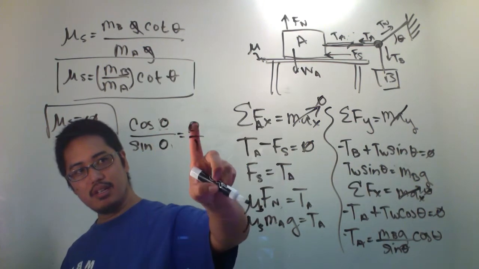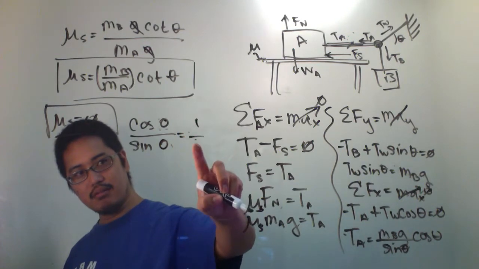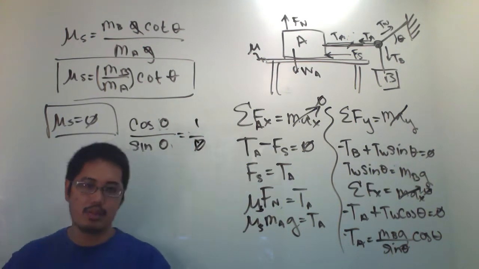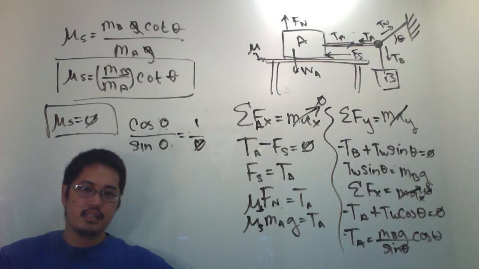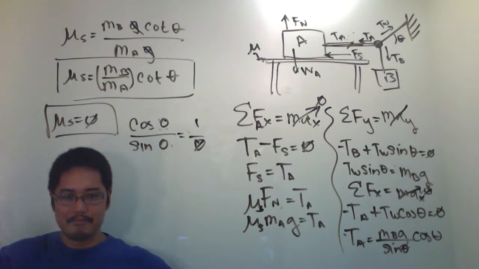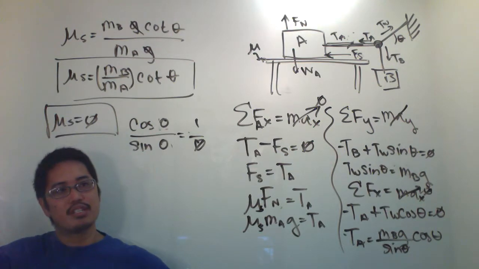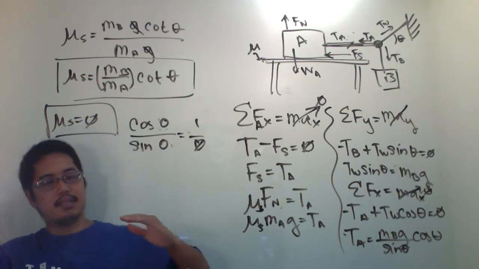Cosine of 0 is 1, sine of 0 is 0, so you'd have 1 over 0. What's 1 divided by 0? Undefined. So if theta were 0 degrees, this thing would become undefined. That makes sense to me as well.